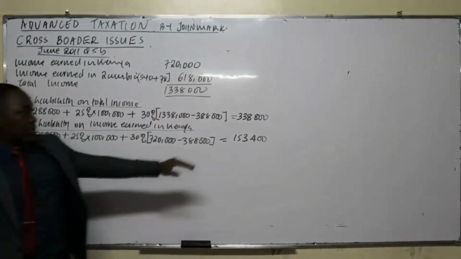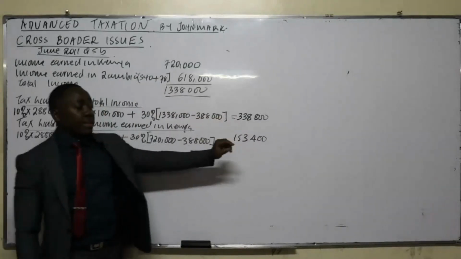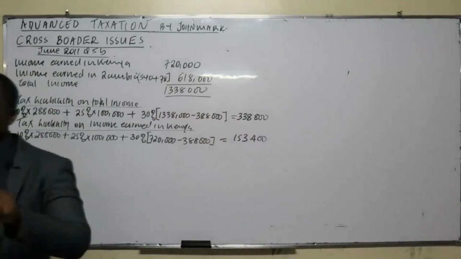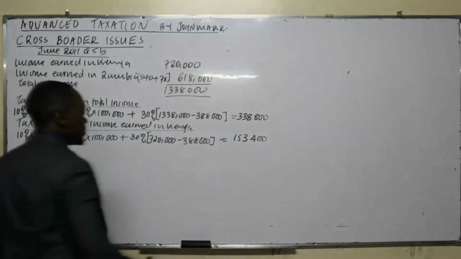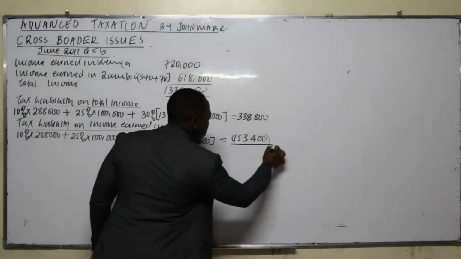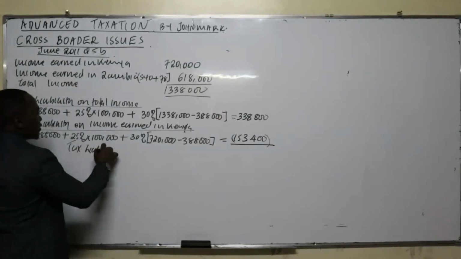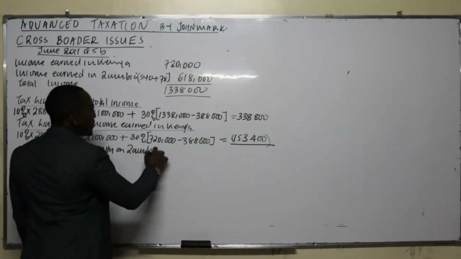So step number 4, you determine the tax liability on the total income. The other step, you determine the tax liability on income earned in Kenya. Then the last step: the difference between the two will be deemed to be the tax on the foreign income. So the difference between the two will be deemed to be the tax liability on income earned in Zambia.